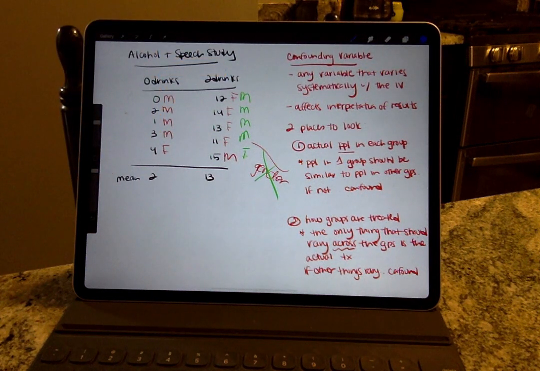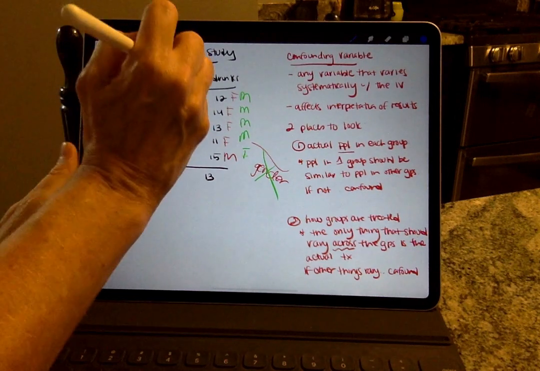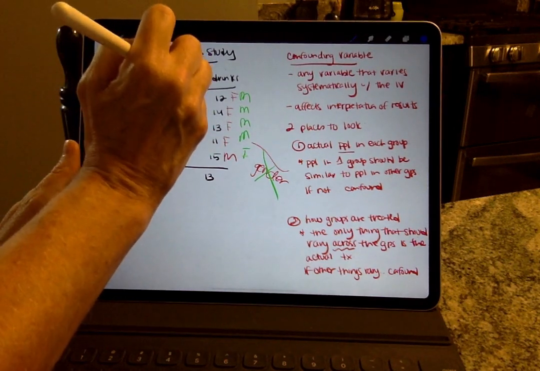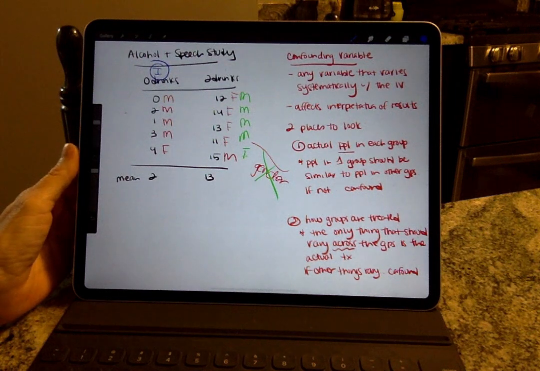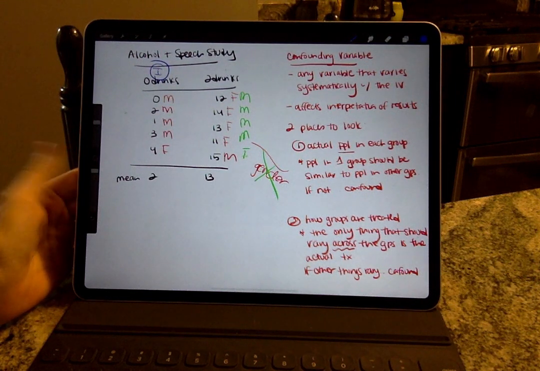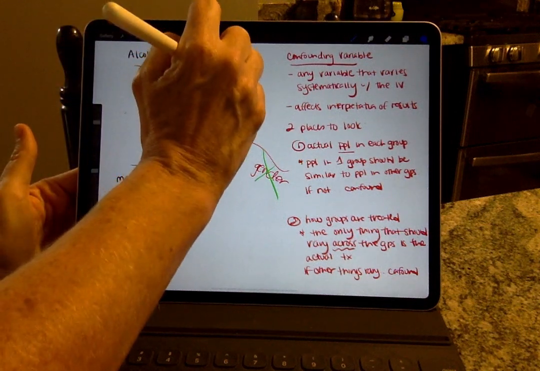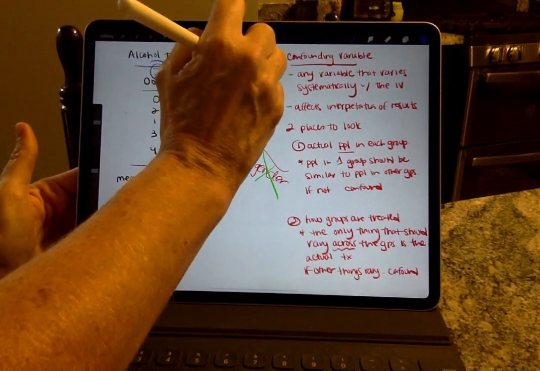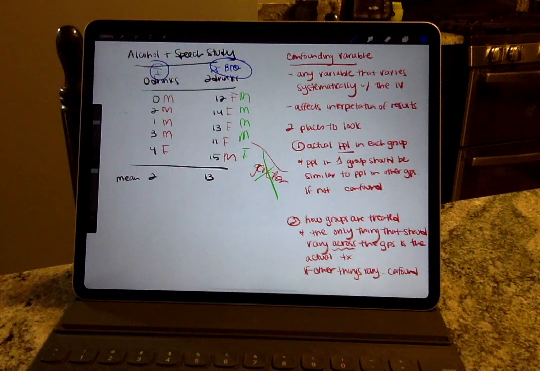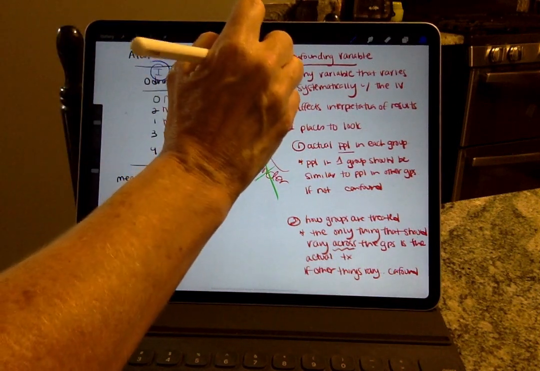Literally anything else that we do different in the way that we treat these people and these people is a confound. All right, so if, for example, I am the one that gives the 0 drinks to people, but for the sake of ease, I have Dr. Breen give the 2 drinks group their treatment, that is a confound.